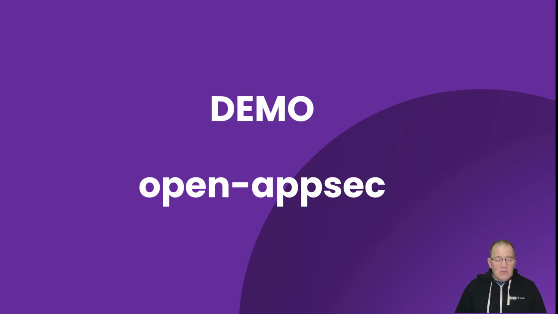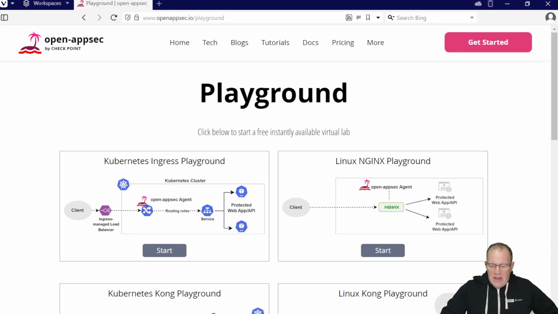They have a playground on their website where you can perform these same steps, and it'll show you basically how a web application firewall protects your API. So anyone can go there. I don't think you even need to log in. You can log in if you create a login, to see and do what I'm going to do right now. Okay, so let's head on over there and we will see the playground.